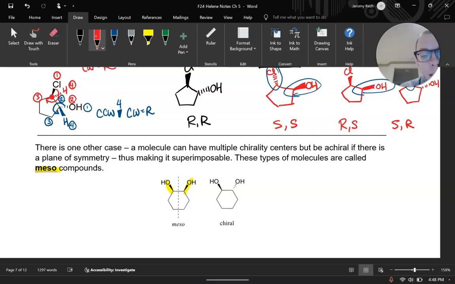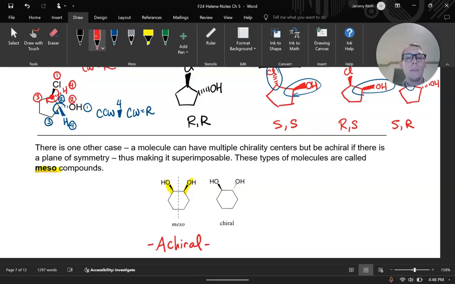And that description, I don't think I've actually written that word yet for you guys. Achiral is a molecule that does not have overall net stereochemistry. You can still do an R or S at those individual locations, but there is no net stereochemistry. Overall, it is no net chirality, I should say. Overall, it is achiral.